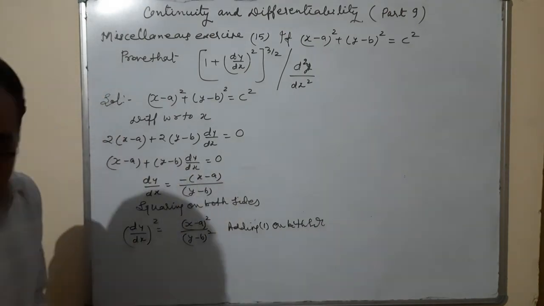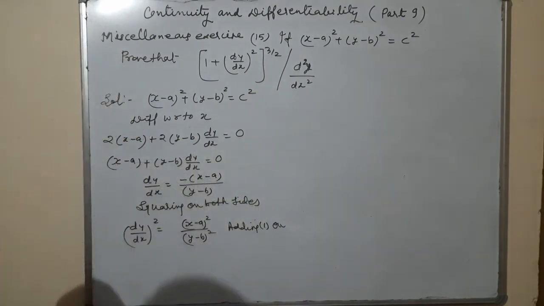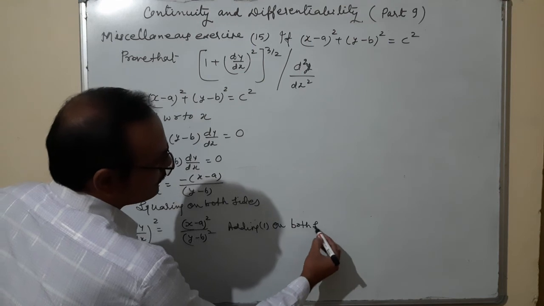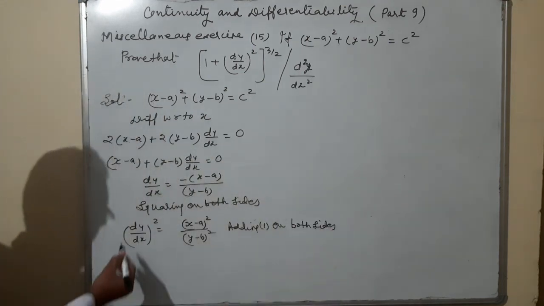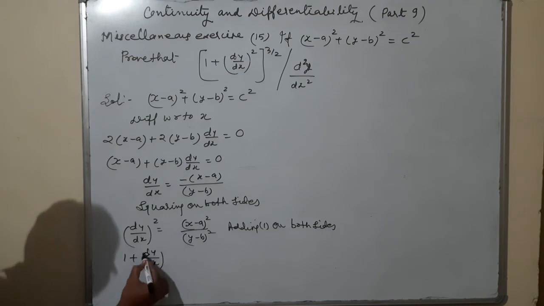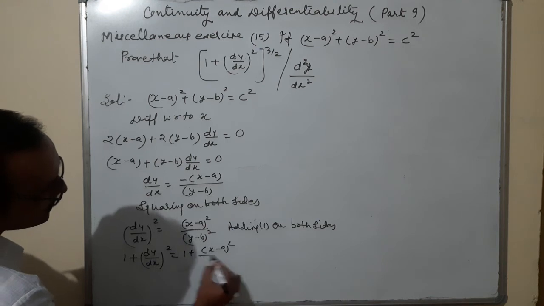When we add 1 on both sides, it comes 1 plus (dy by dx) whole square is equal to 1 plus (x minus a) whole square upon (y minus b) whole square.